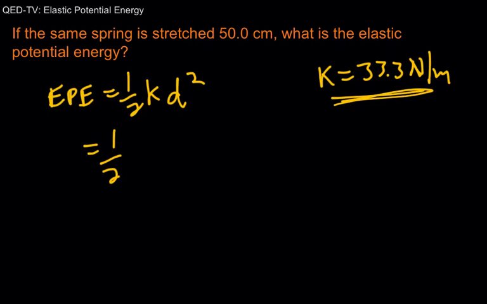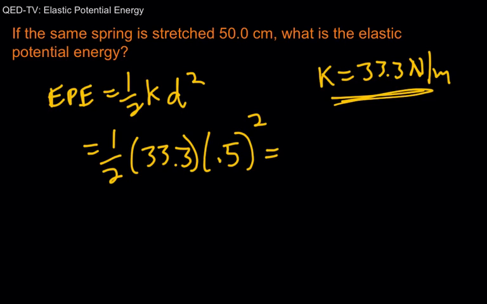So that would equal 1/2 times my K value, 33.3, times the displacement that we stretch it, 0.5 meters. And you always got to remember that is squared. So we take 0.5 squared times 33.3 times 0.5, and we get around 4.2 joules of energy, because we stretched it further.